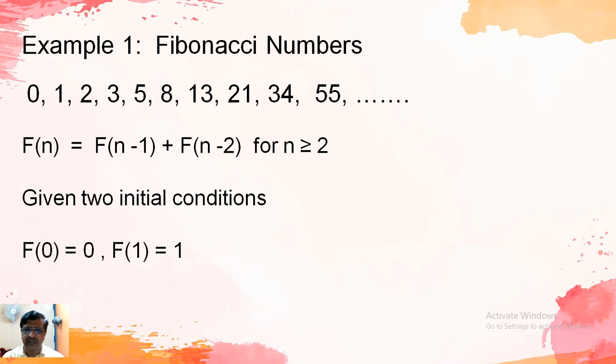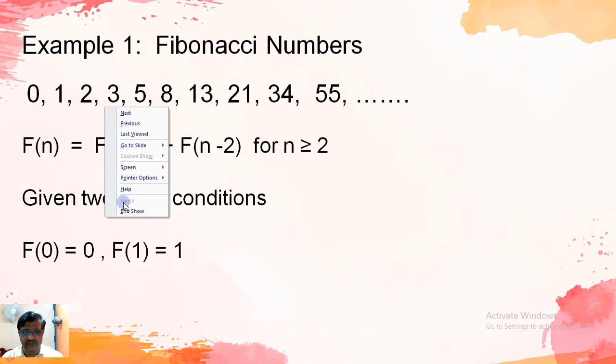As a first example, we can quote Fibonacci numbers, the generation of Fibonacci numbers up to a given term. All of us know that it starts from 0 and 1. These are the two initial values that are to be supplied, and f of 0 plus f of 1 will give the next term. The first term is 0, the second term is 1, and the third term is obtained by adding these two terms.